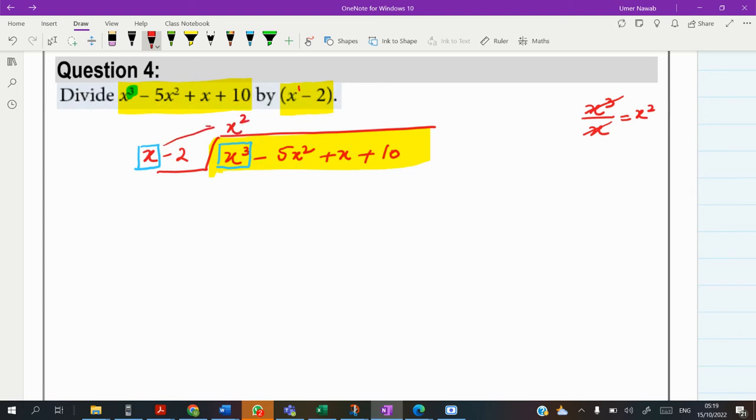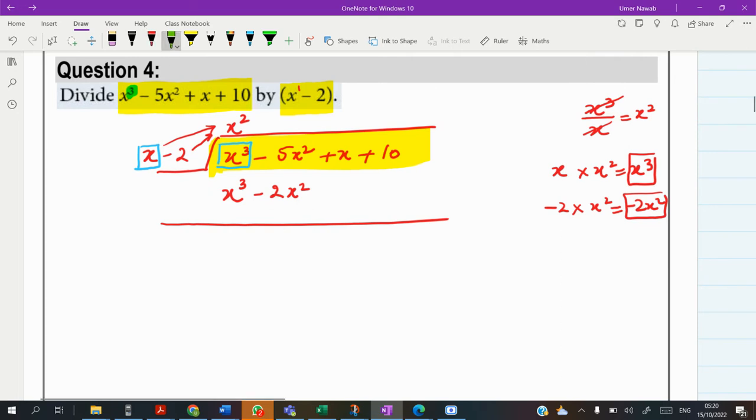Now multiply x with x squared. When you multiply x with x squared, it gives you x power 3. So this term x cubed should be written under x cubed. Also, minus 2 is going to multiply with x squared. It gives you minus 2x squared. And this must be written under the x squared term. So I'm placing minus 2x squared.